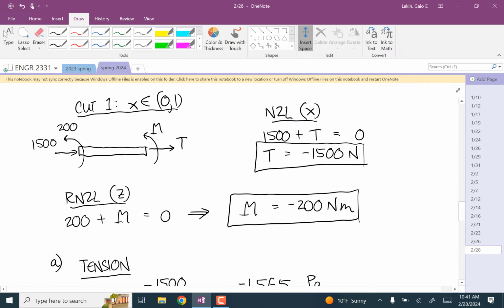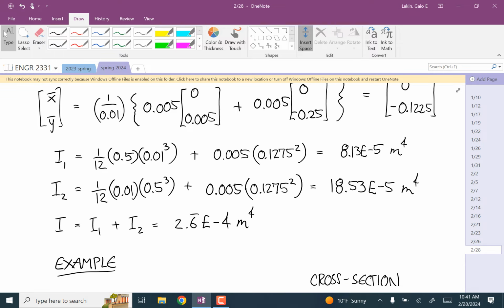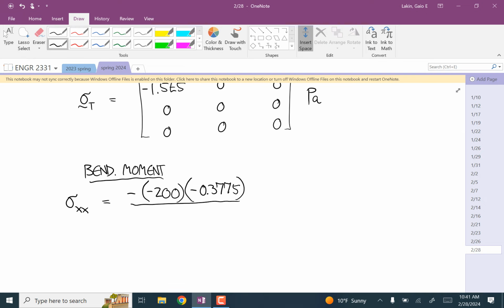And then we're dividing by the area moment of inertia for that T shape, so 2.6 repeating times 10 to the minus fourth. And this time we get a value of negative 2.83 times 10 to the fifth.